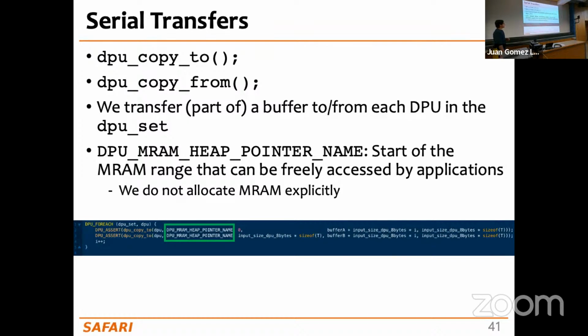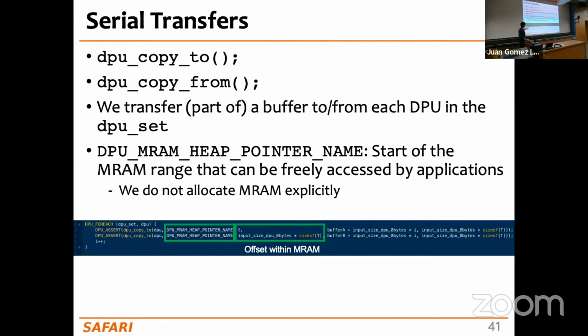Okay? And observe as well that we don't allocate MRAM explicitly. There is no malloc to allocate an array or a vector or a matrix in the MRAM. We directly operate with the physical memory and with the physical addresses. So we do not allocate MRAM explicitly.